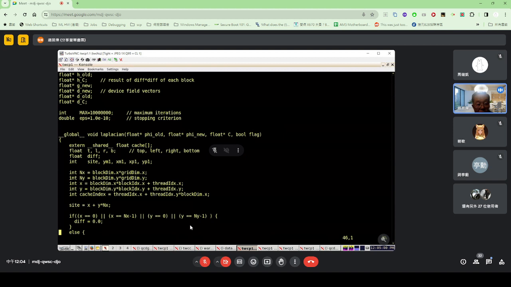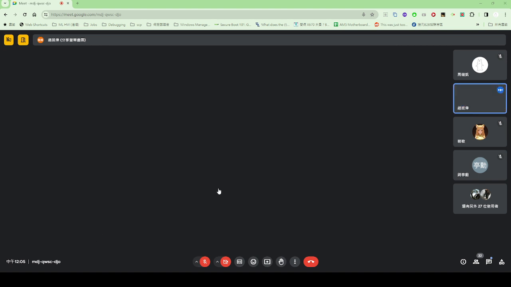After one iteration, it will change the thread from true to false or from false to true, and then compute the error and see if it satisfies the stopping criteria. If it satisfies the stopping criteria, then you stop.